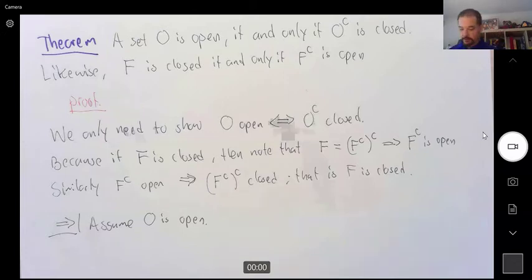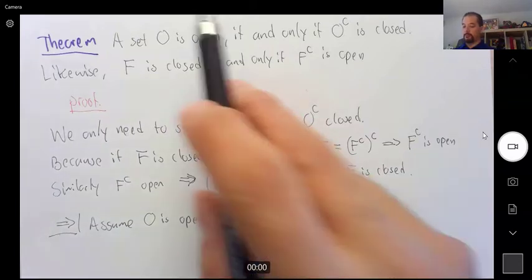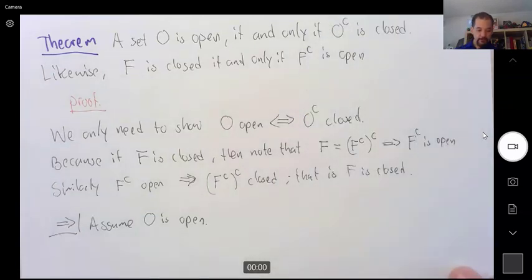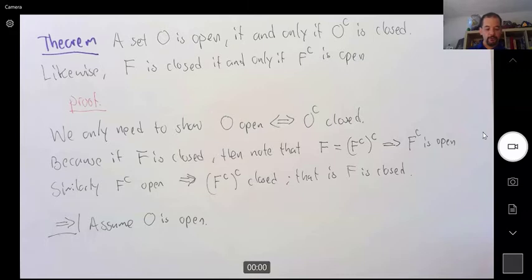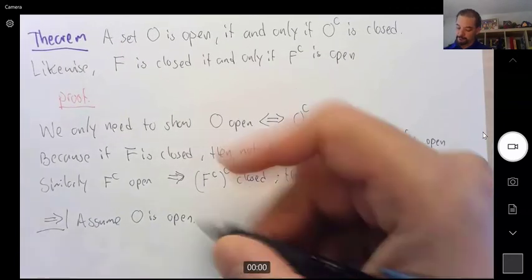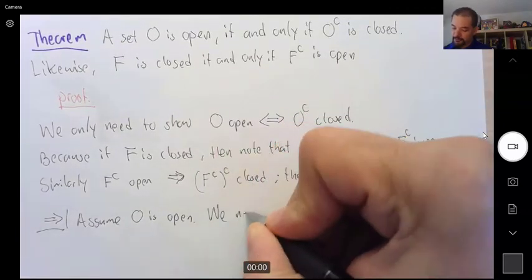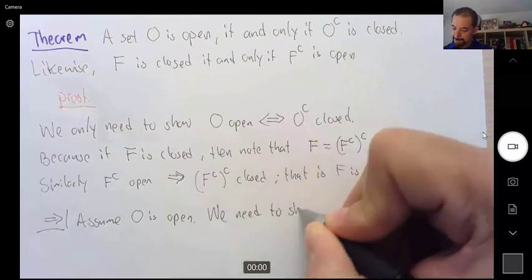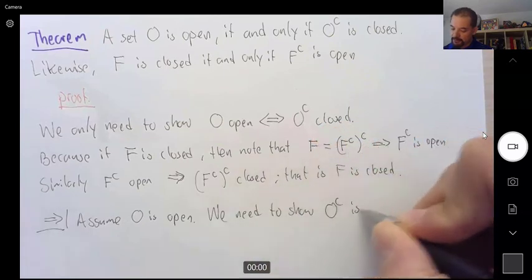Okay, so now I need to show that the complement is closed. To show that something is closed, I need to show that it contains all its limit points, right? So let's pick a limit point. We need to show O complement is closed.